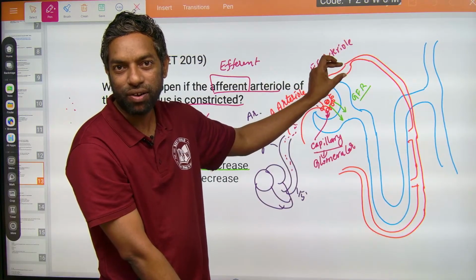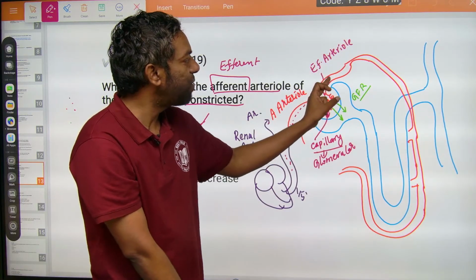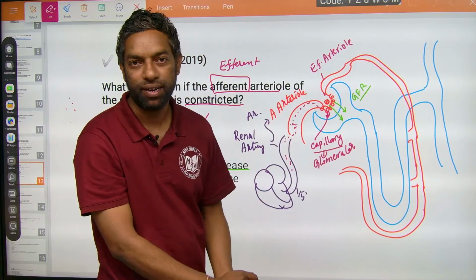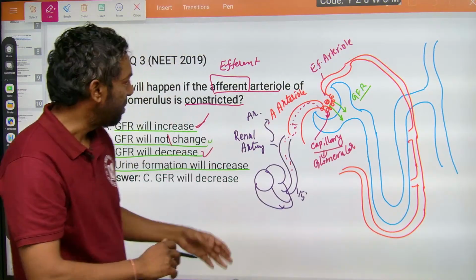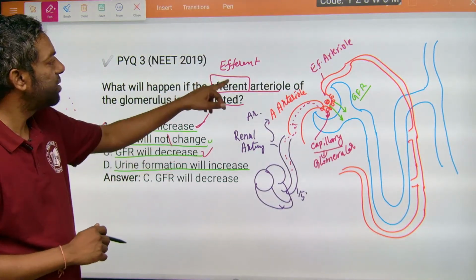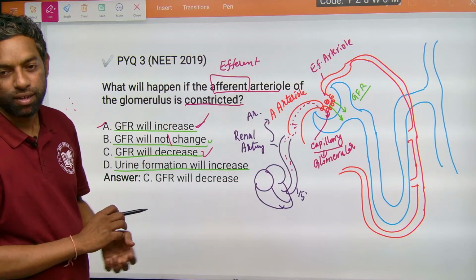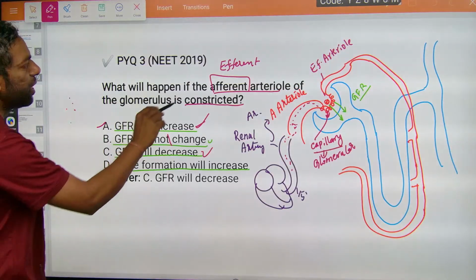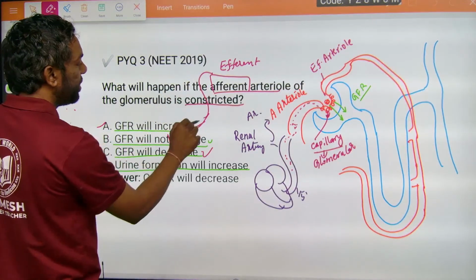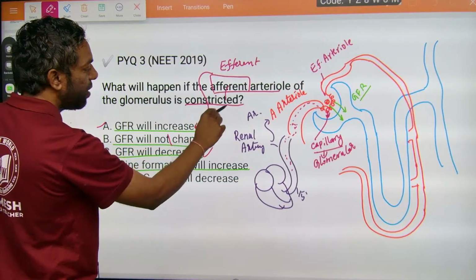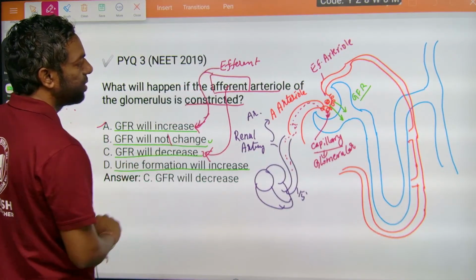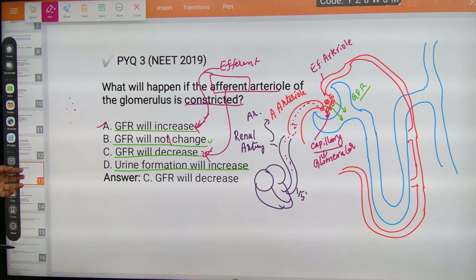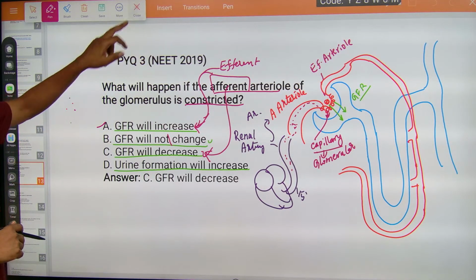If the efferent arteriole is constricted, the blood volume cannot flow out, so instead it filters. Maybe this time they can change efferent to afferent. So check whether it says efferent or afferent, then answer accordingly. I hope you guys understand. Most of the students get confused here.